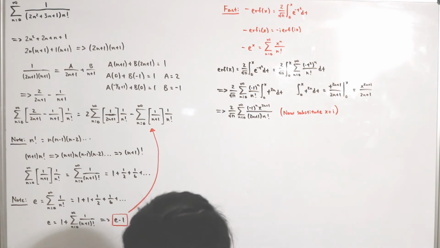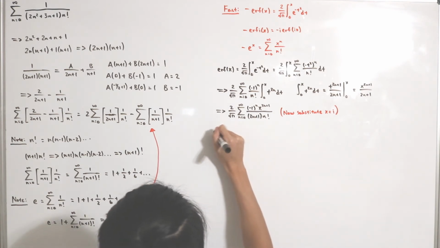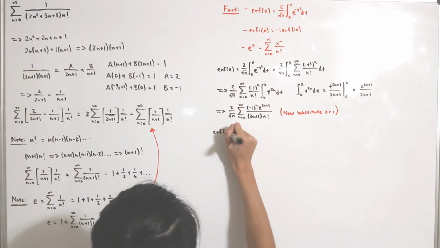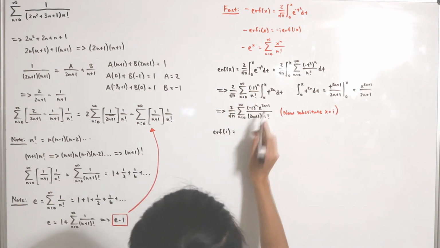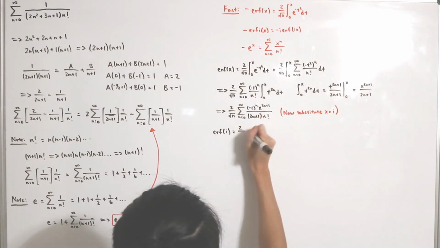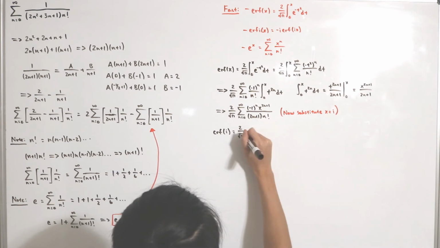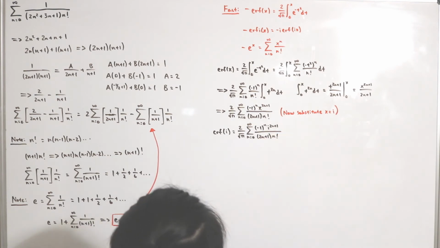That means the error function of i is just equal to, basically the only thing we need to do is put i in for x, which is right over here: 2 over the square root of pi, and then the series with i to the 2n plus 1, divided by 2n plus 1 multiplied by n factorial.